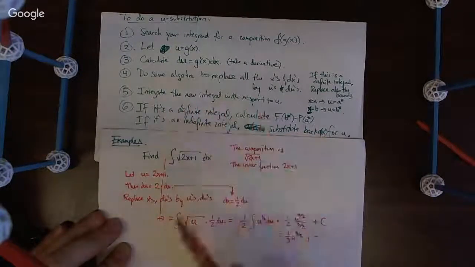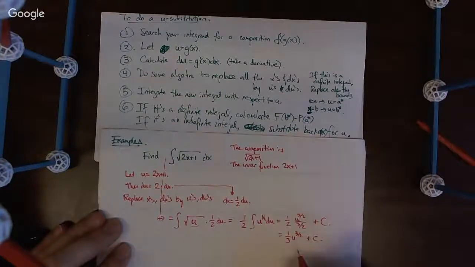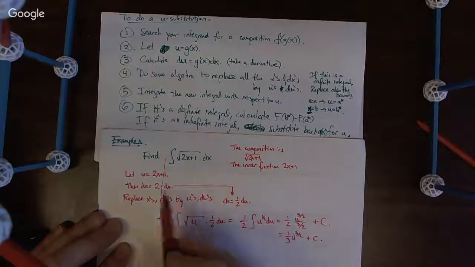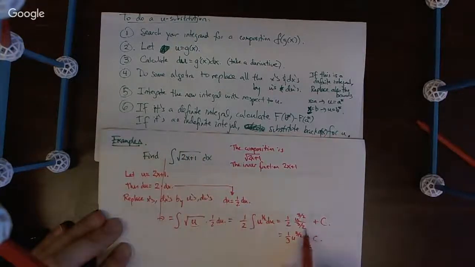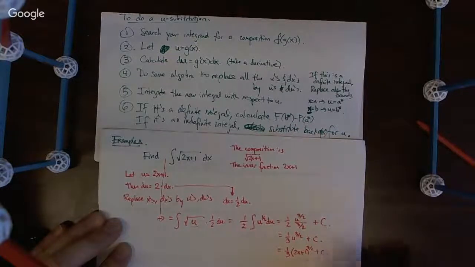Okay, we've integrated the new integral with respect to u. And this is an indefinite integral, so we have to substitute back in for x. Our original function was a function of x, so the answer we need is a function of x. So the final answer is 1/3 times 2x plus 1 to the 3/2 plus c.